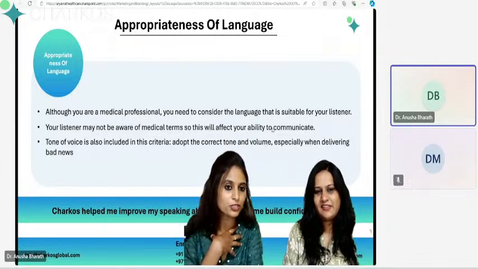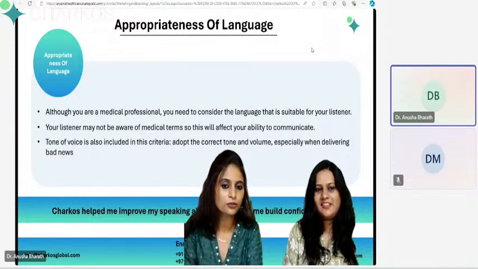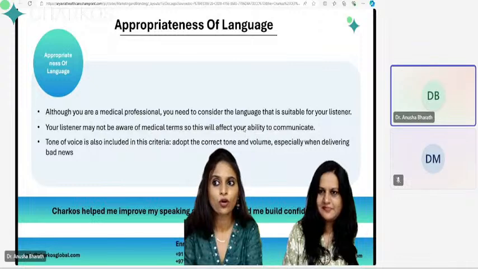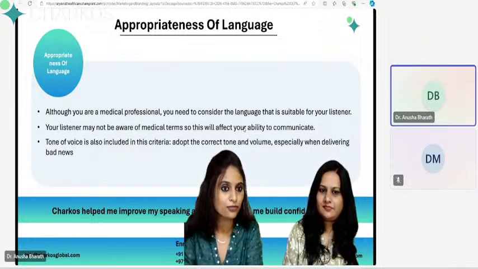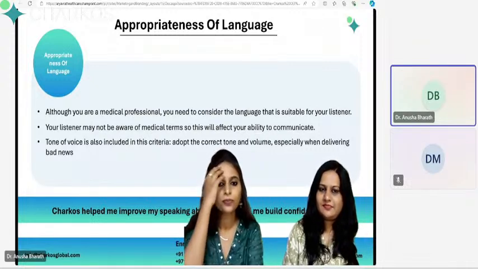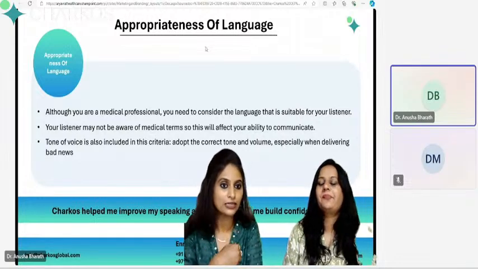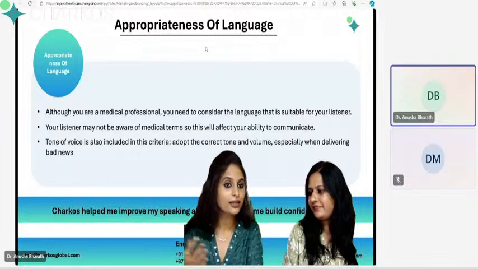As a patient, I would not know anything about the condition I'm in. I may not know what dialysis is. I may not be aware of a green stick fracture. What is a green stick fracture? These are terms that have to be explained to me in a language that I can understand.